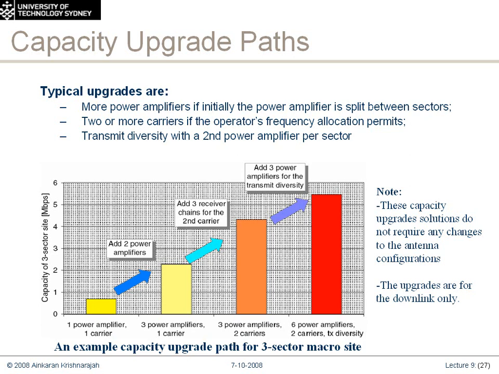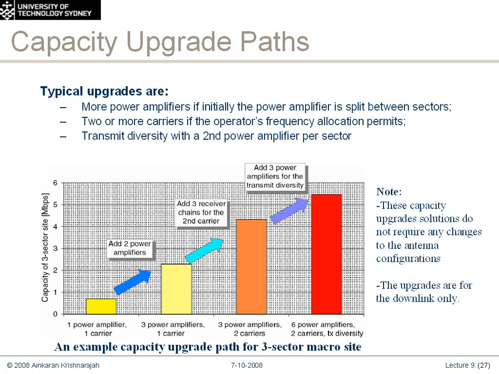That is the ultimate scenario, the block on the far right, where we have 6 power amplifiers and 2 carriers. But some innovative techniques will allow you to run 2 carriers with the same 3 power amplifiers as well. So it's a more cost-effective approach to getting to the 6 power amplifiers and 2 carriers.